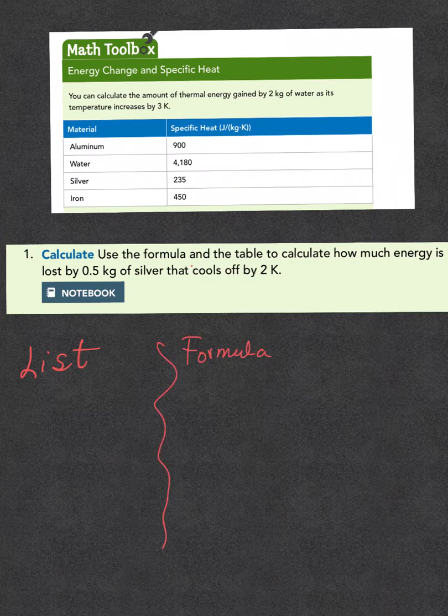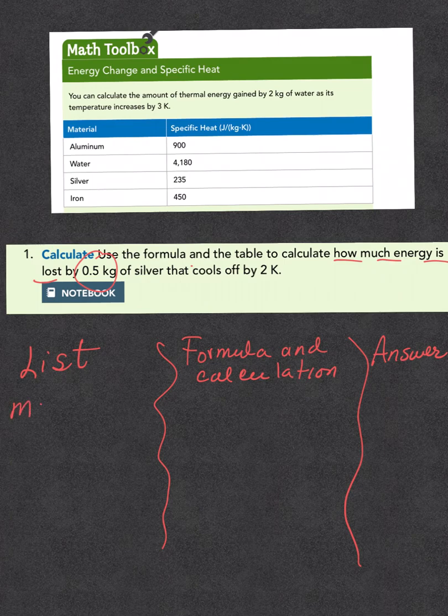Formula and calculation. Calculations. And then I have the answer. I didn't put that on the other example, but I'm going to put that over here.